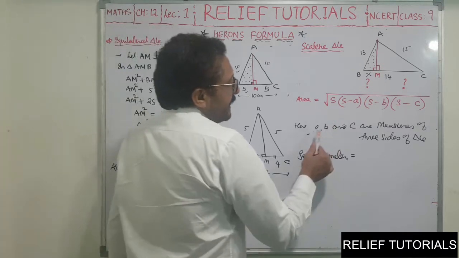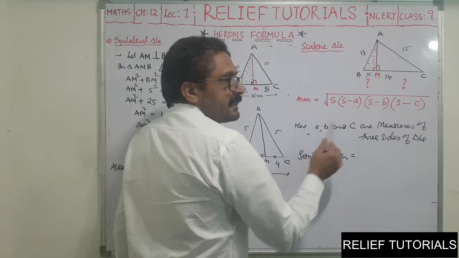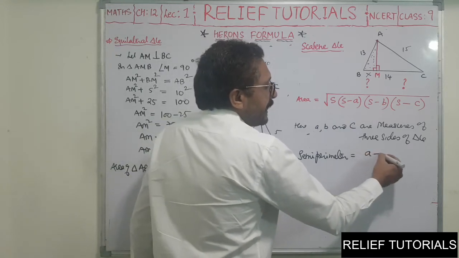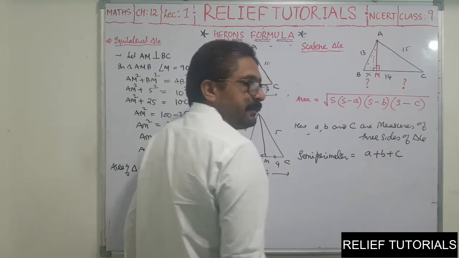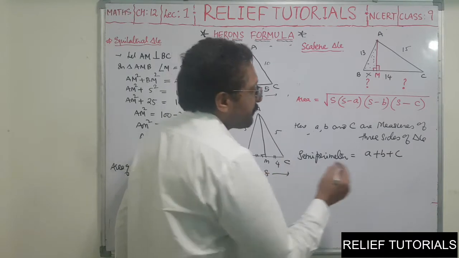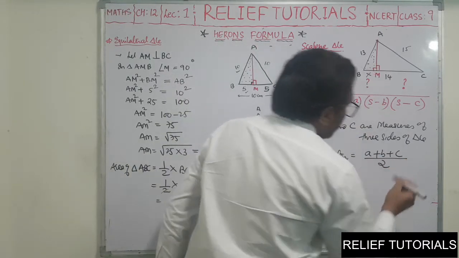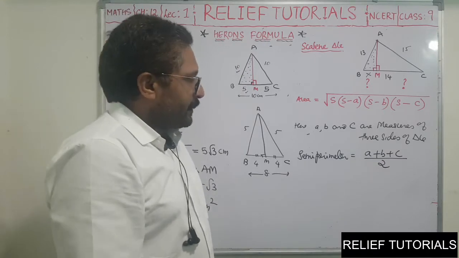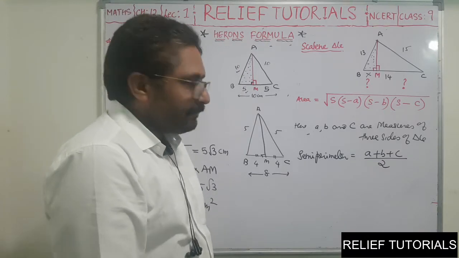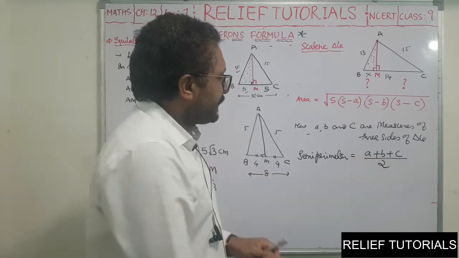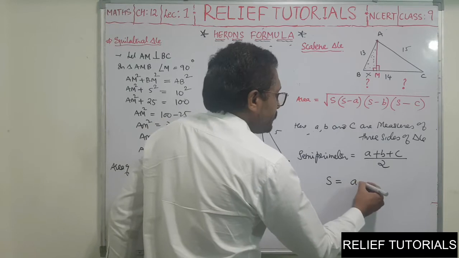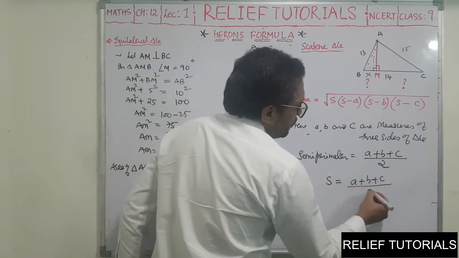So if you want to find perimeter, you do A plus B plus C. But you want semi, and semi means half, so you will divide by 2. The semi-perimeter is denoted by S. S is equals to A plus B plus C by 2.